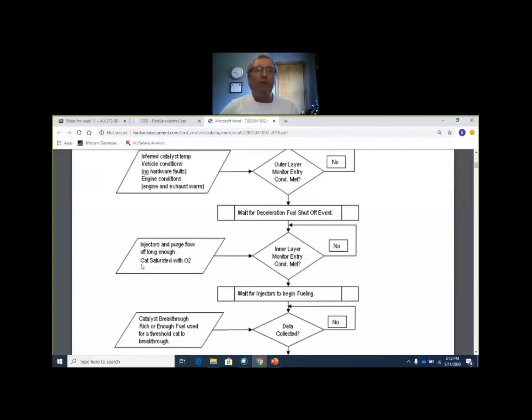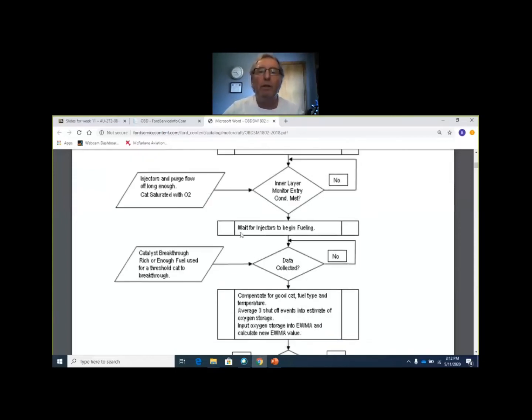Once the catalytic converter is saturated with oxygen, the injectors begin fueling, and catalyst breakthrough, interesting term, but what this means is: how much fuel do we have to dump into this thing before we've used up all the stored oxygen in the catalytic converter and caused our rear oxygen sensor to switch from lean to rich?